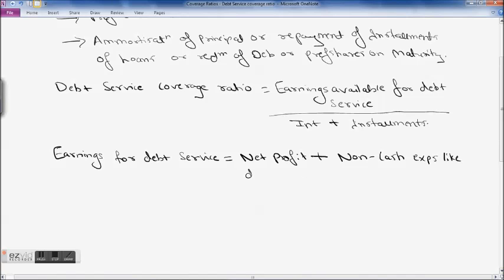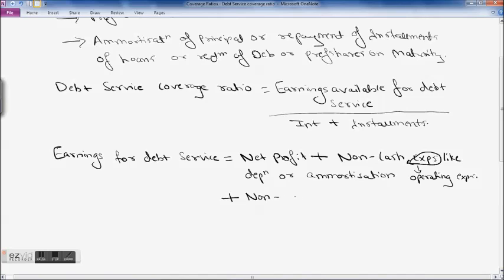Basically what you want to get is your cash operating profit. So you are adding back your non-cash expenses like depreciation or amortization. For this what you need is the profit which the firm normally earns from its operation. That is why you are adding back these non-cash operating expenses like depreciation or amortization.